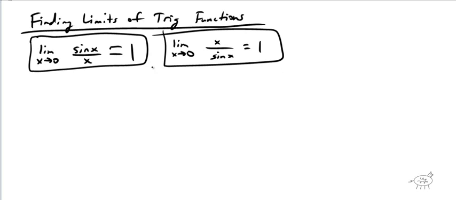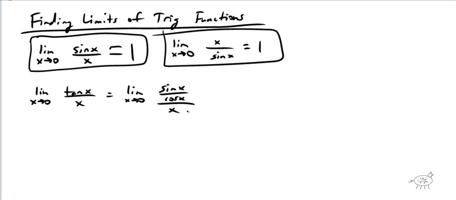The one I want to come up with now is tangent: the limit as x approaches 0 of tangent of x over x. This is our polite trig function, tanks, or the army trig function, tanks. I'm going to rewrite tangent of x as sine of x over cosine of x, over x.